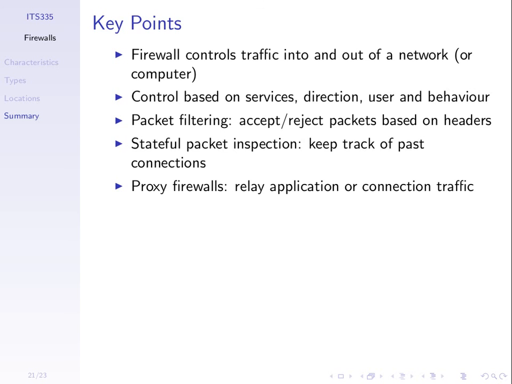And we've gone through some detailed examples for packet filtering where we accept or reject packets based upon the headers of those packets. And we can extend that with stateful packet inspection, which keeps track of past connections. And we've mentioned briefly that we can have proxies as an even better level of security by essentially running the application separately, server and client, but more costly.